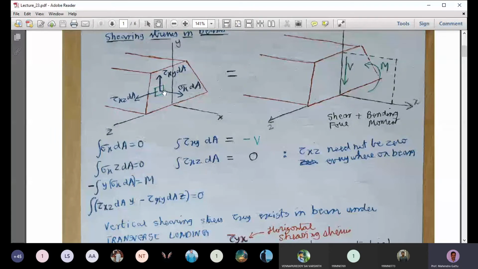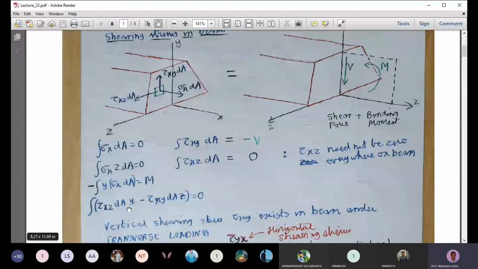Then we have the moment about the x-axis. The tau xz dA acting at the y coordinate will be in the positive x direction, and tau xy dA acting at the z coordinate will be in the negative x direction.